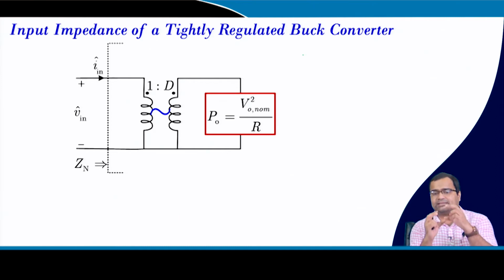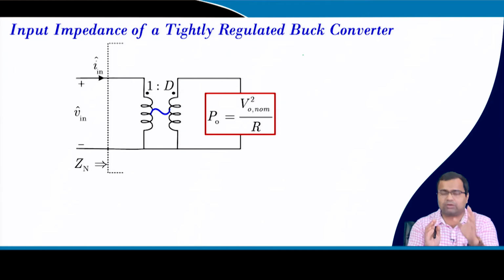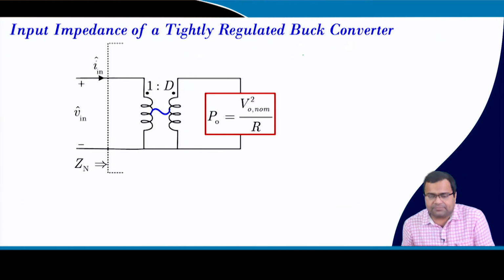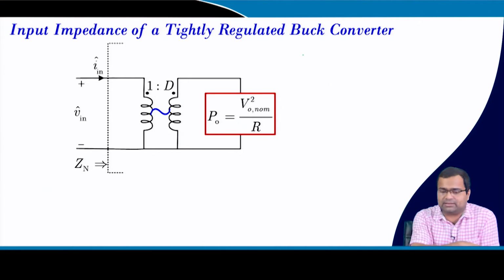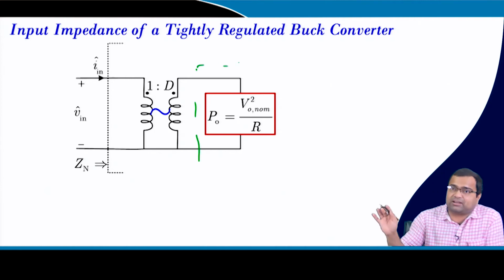Because we told you that if we inject an AC excitation in the input, we must nullify that in the output in order to get this transfer function, and that we can do one way by using voltage mode control with input voltage feed forward, even if we can do current mode control also, but we want to make sure the voltage is controlled. Then if we control it, then the right hand side of this, there is no perturbation.